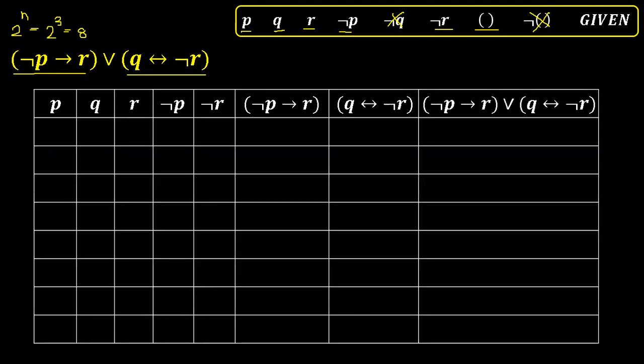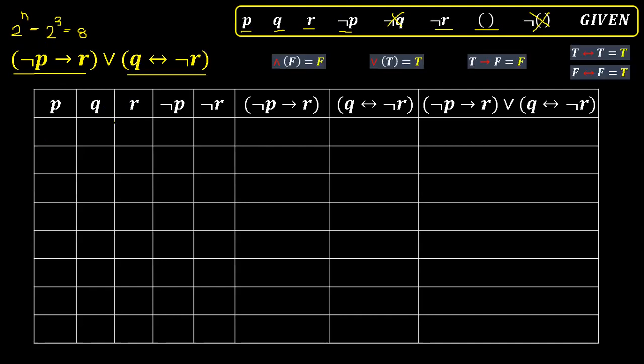Expected 8 rows. And for P, Q, and R, it is constant. I already mentioned this one. I already showed to you. For P it is TTTT, FFFF, for Q it is TTFF, TTFF, and for R, TF, TF, TF, TF.